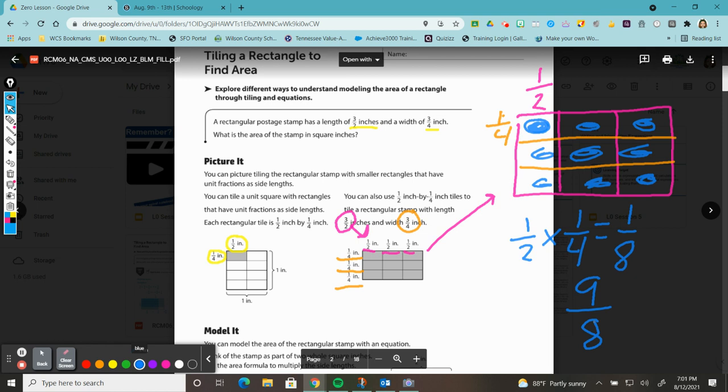So that is the tiling method. The tiling method, again, it says that you can take your fractions, break them up into their units, and then find the area.